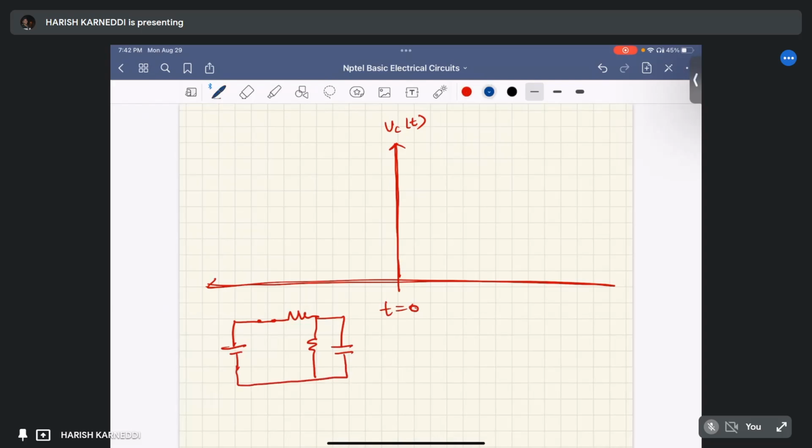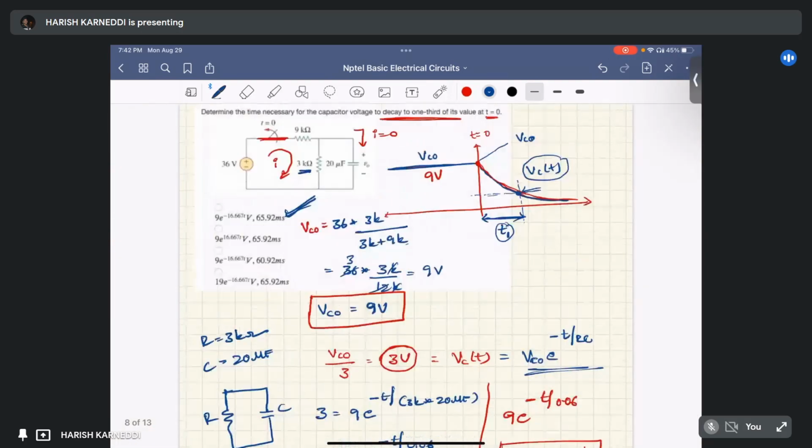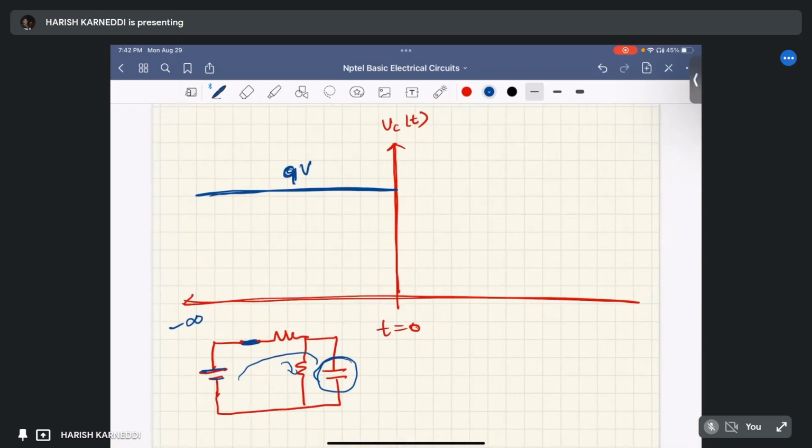The switch is in closed position, so the source is delivered to the resistors as well as the capacitor. That too from minus infinity. Since the switch has been closed for an infinite period of time, the capacitor reached steady state. It means it is fully charged. The fully charged voltage is 9 volts, right? VC of 0 is 9 volts.